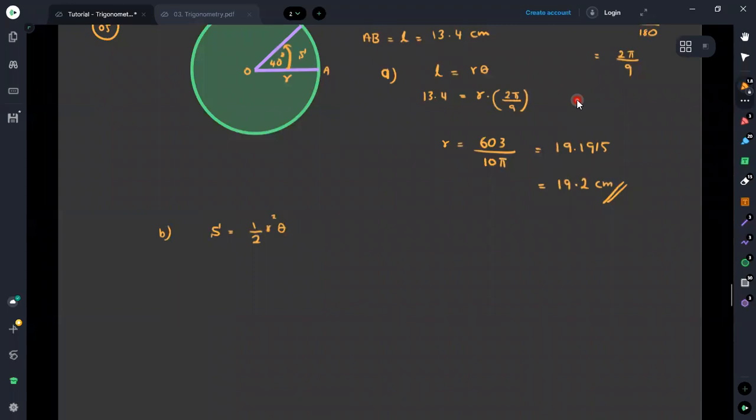This is equal to half times r, which we have found as 19.2, so 19.2 squared, and we have already found that theta is equal to 2 times pi over 9. Here we can directly use the value of pi equal to 3.142. Using that substitution, we will get the answer.